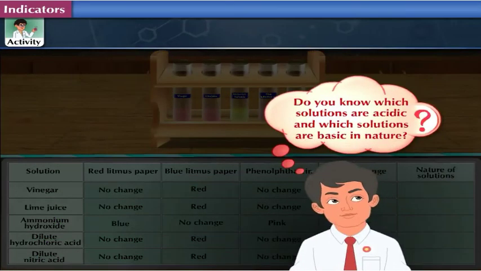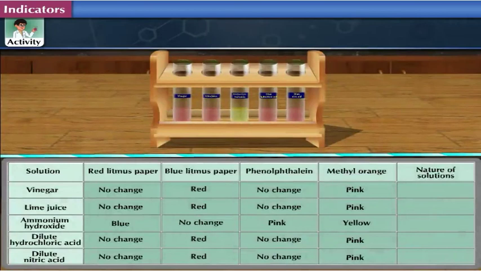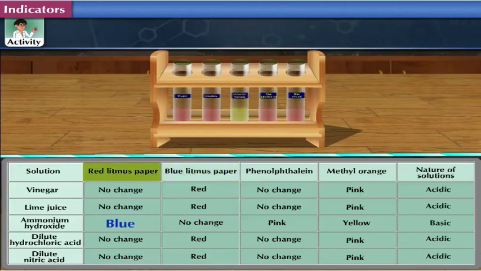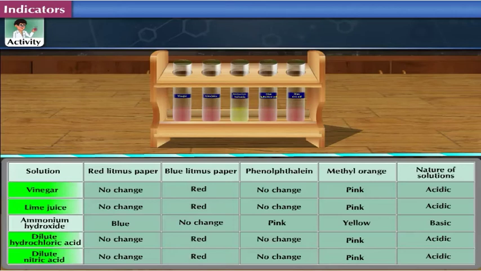Do you know which solutions are acidic and which solutions are basic in nature? We know that blue litmus turns red in an acidic solution and red litmus turns blue in a basic solution. From this, we can conclude that vinegar, lime juice, dilute hydrochloric acid, and dilute nitric acid are acidic in nature, while ammonium hydroxide is basic in nature.